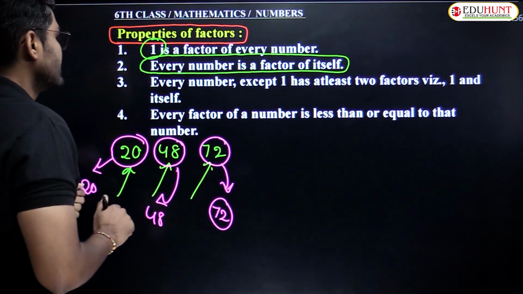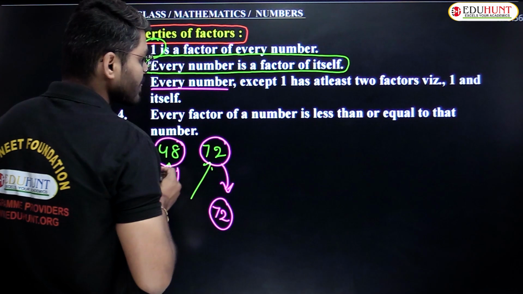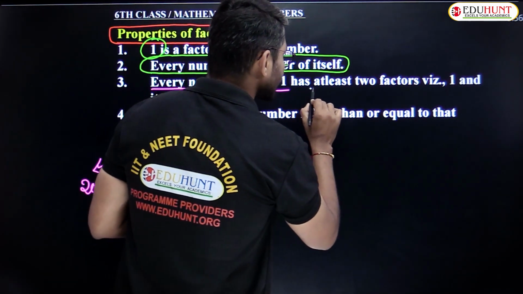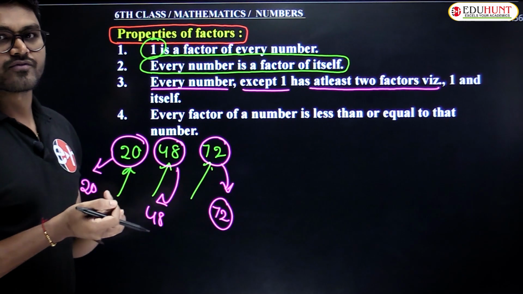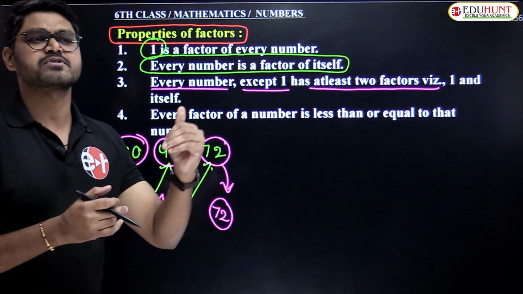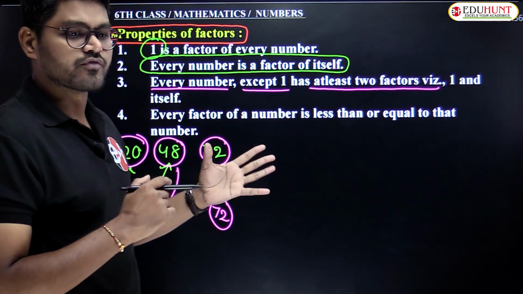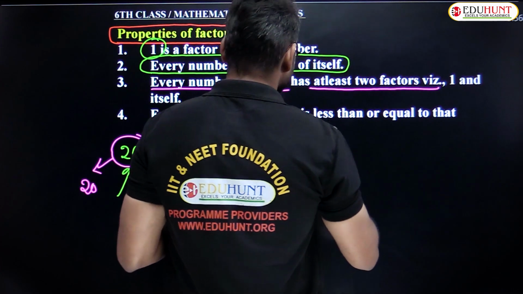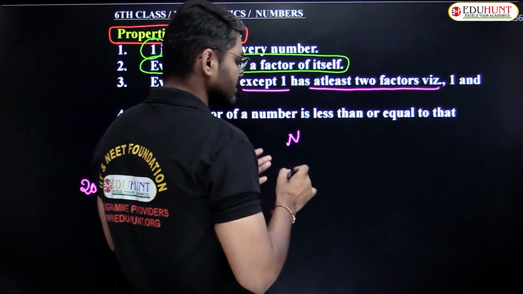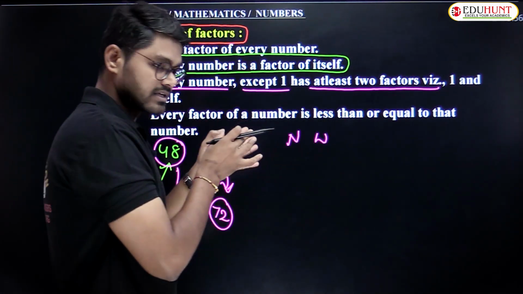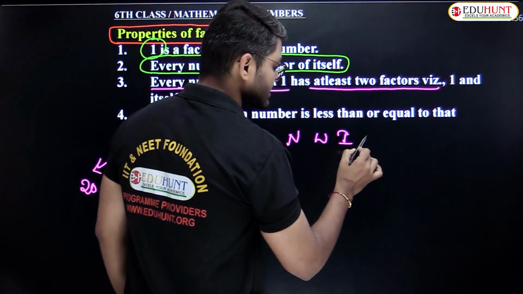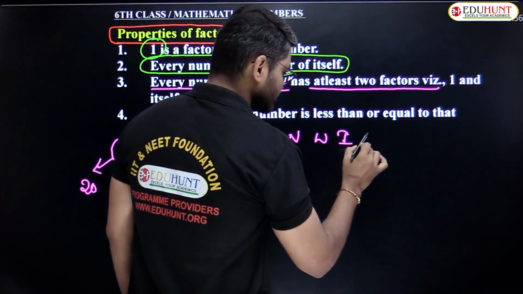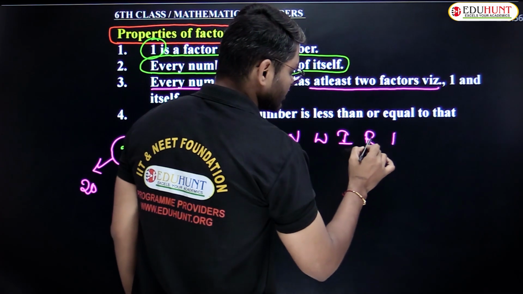Third statement. Every number except 1 has at least 2 factors, that is 1 and itself. There are different types of numbers. Those are natural numbers, whole numbers, integers, rational numbers and irrational numbers. Already we have discussed these.